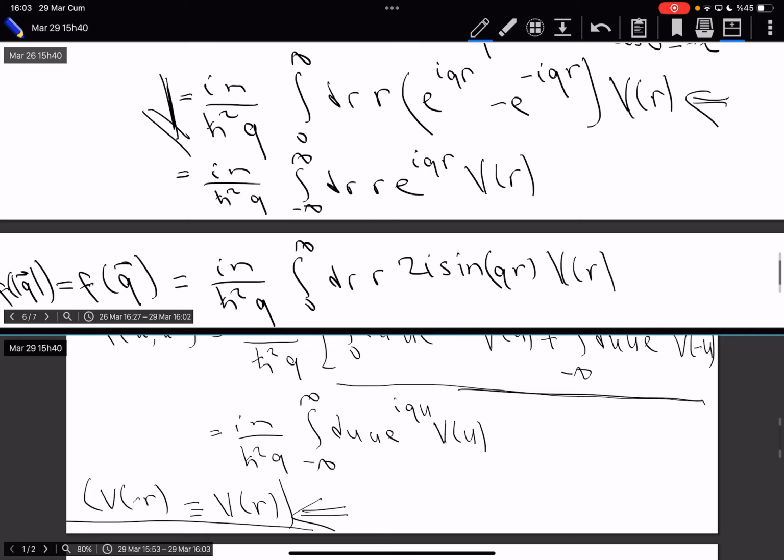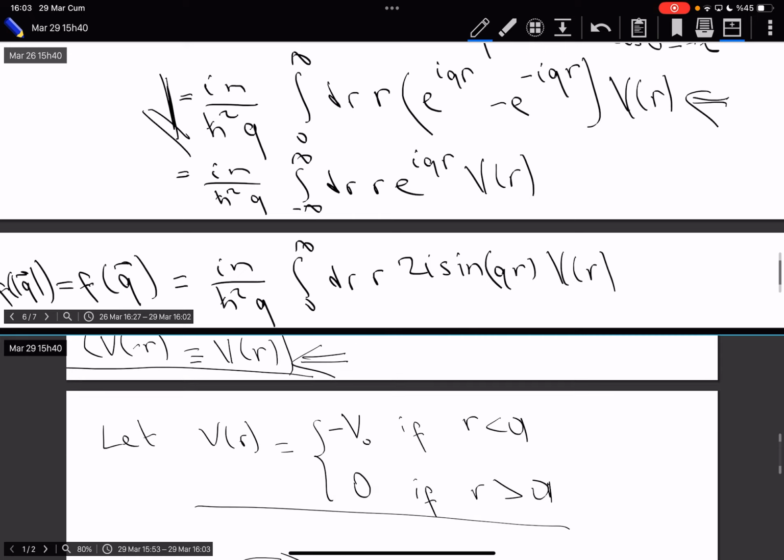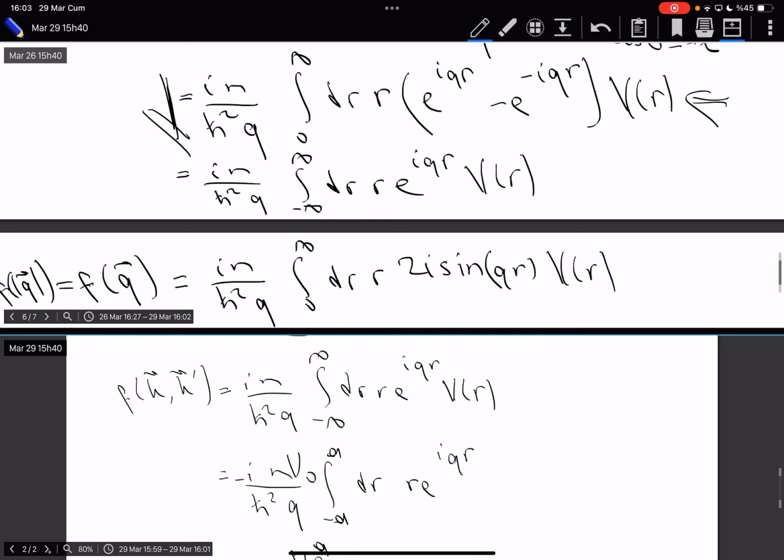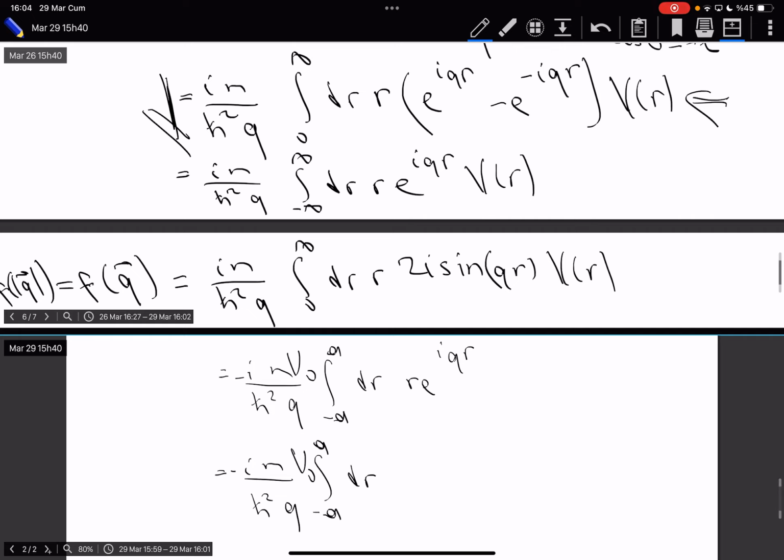It's just u, some integration variable. But I will just use the symbol r instead of u, because originally that integration variable came from the radial distance. Now, I could evaluate that integral if that r was not inside the integrand.